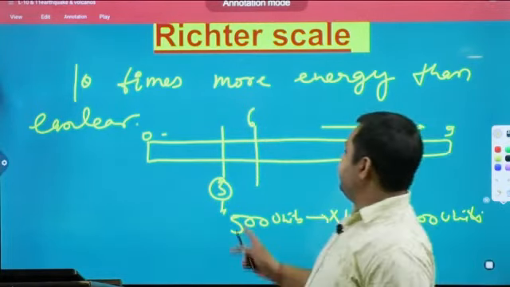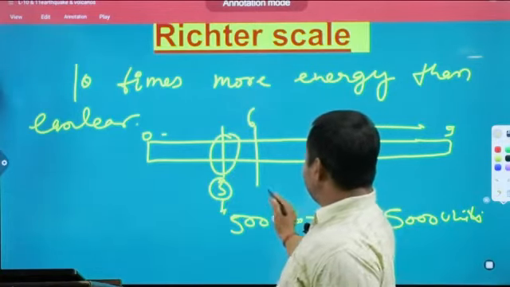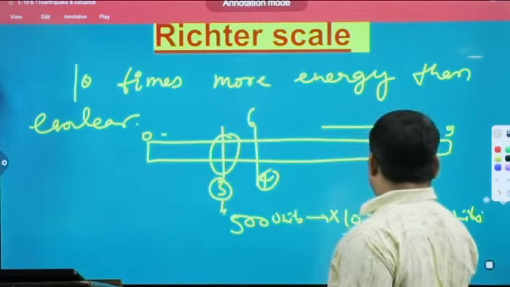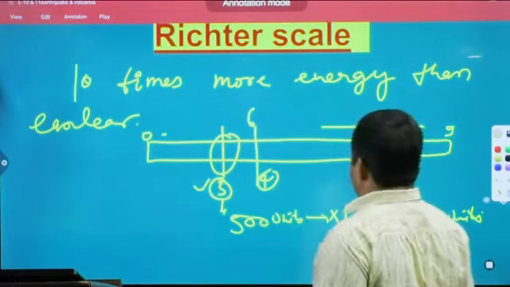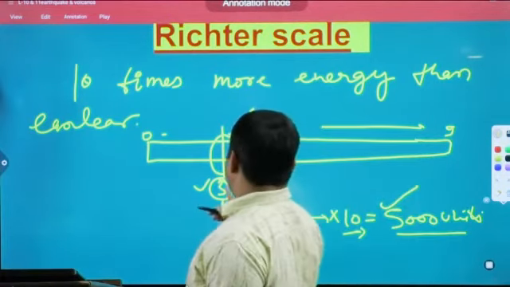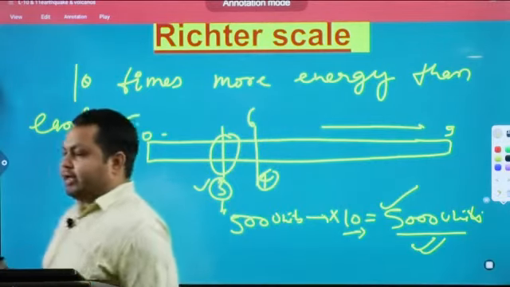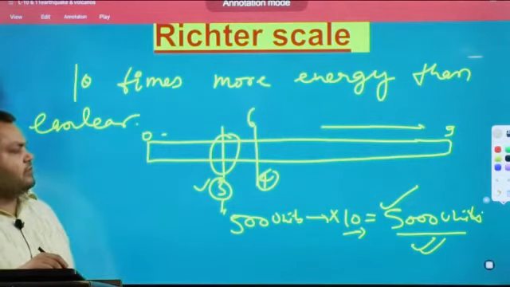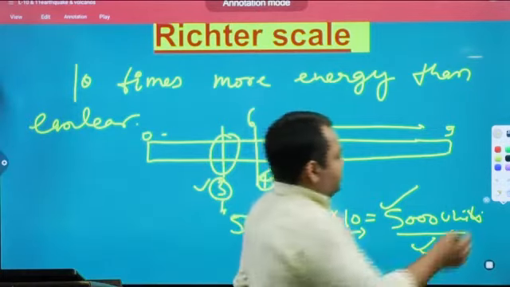So you can understand, this is the earlier point, that is 3, and here this is 4. At point 4 there will be 10 times more energy than the earlier, that is 3. The energy recorded on 4 is 10 times more than the 3, and it becomes 5,000 units. In many examinations there can be questions related to this particular fact, so remember it always.